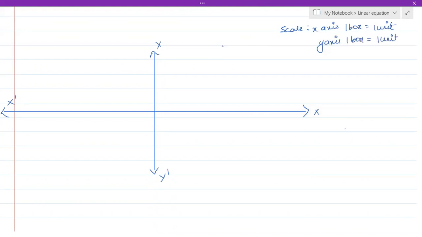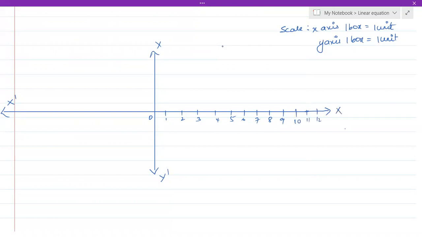Therefore, if this is 0, the values will become 1, 2, 3, 4, 5, 6, 7, 8, 9, 10, and so on. I guess we have x values up to 12, so let's plot up to 12. Let me extend a bit. 10, 11, 12.